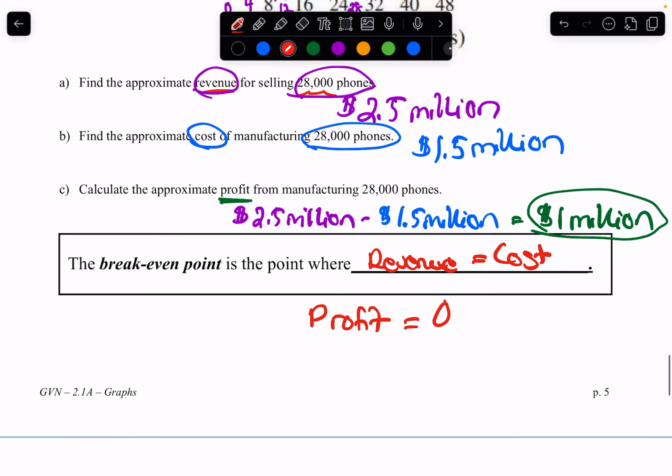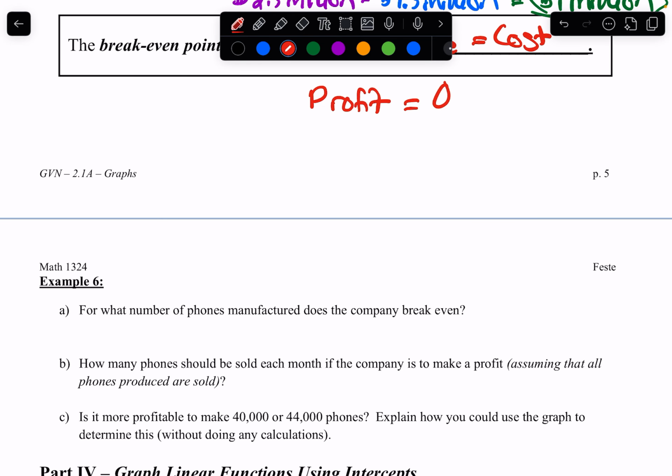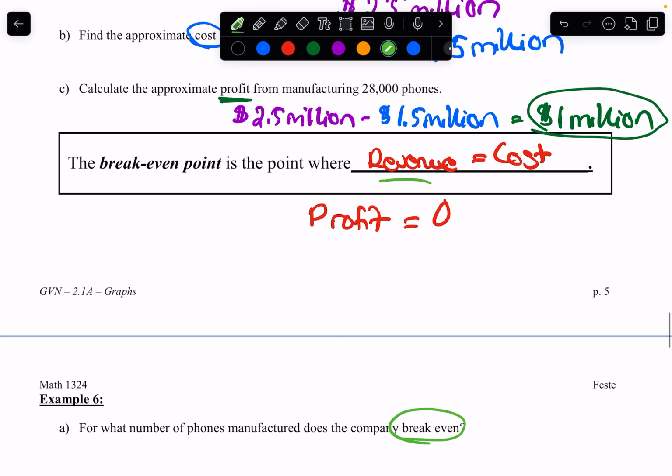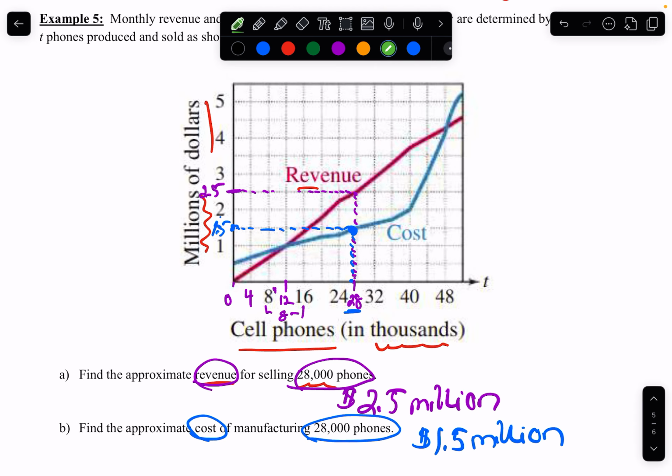Okay, next question is for what number of phones does the company break even? So we're going to find where the revenue and cost graphs intersect or touch each other. So here's our first one. If we go down, we get 12.